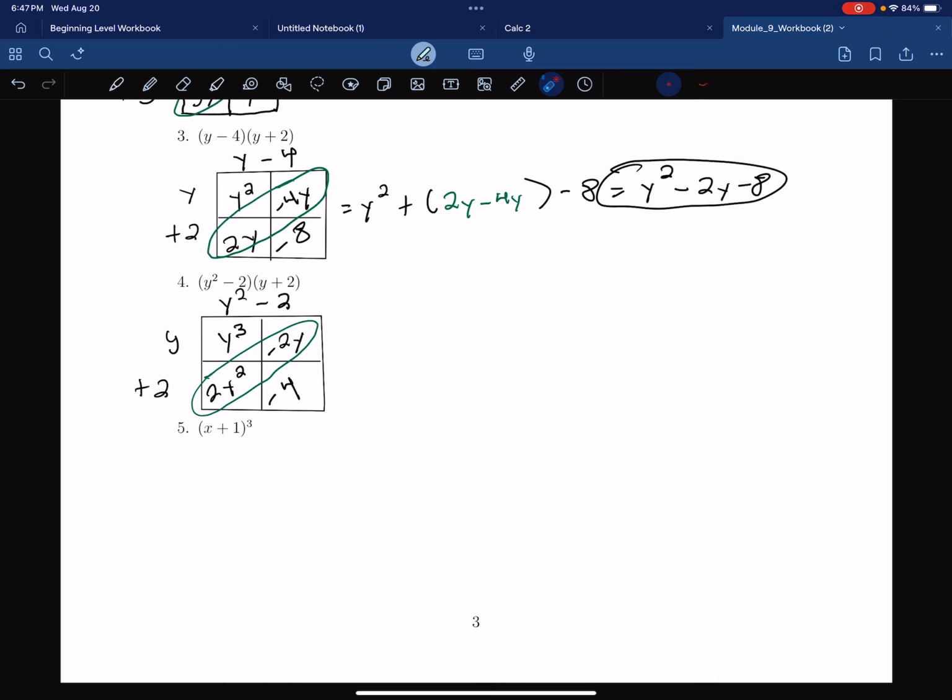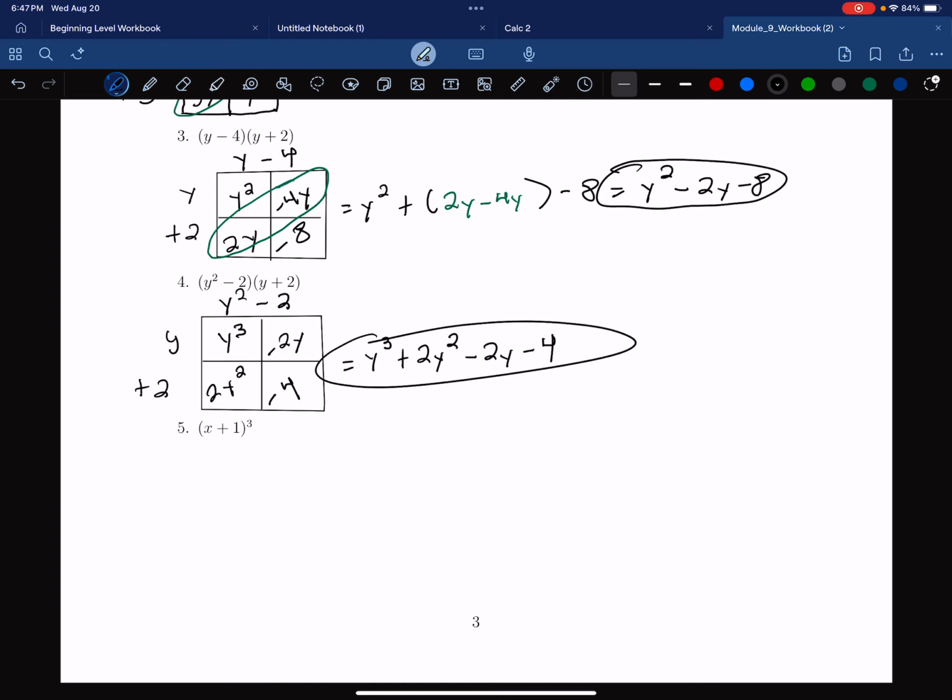So we can't combine those two. So in this case, we aren't combining any like terms for this answer. So all we're doing is simply taking what we have in the box and adding it together. So we have y cubed plus 2y squared minus 2y minus 4. And that is our final answer.